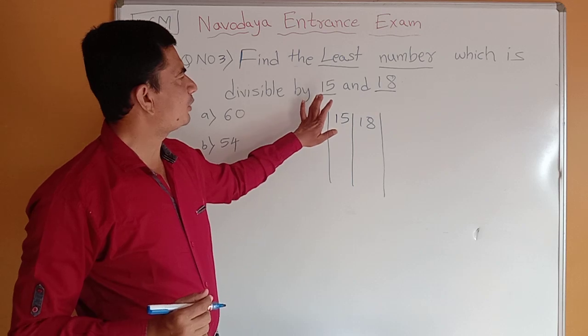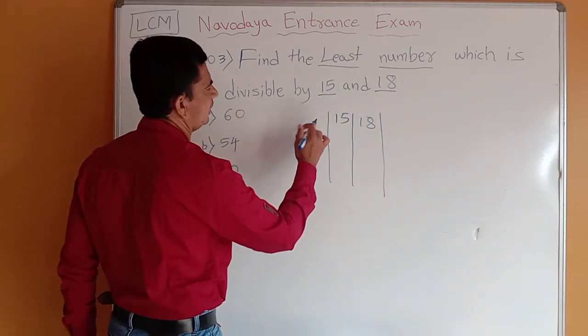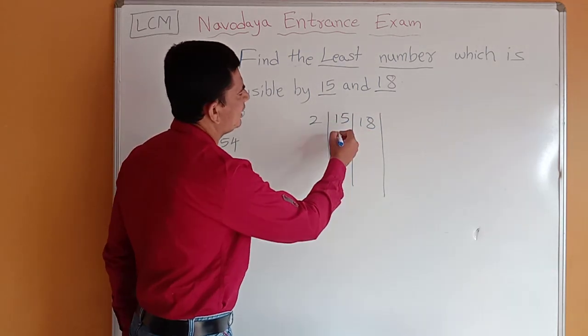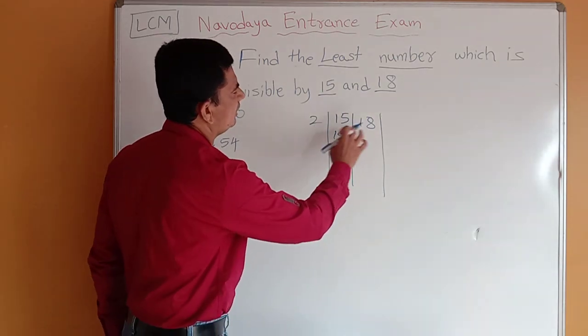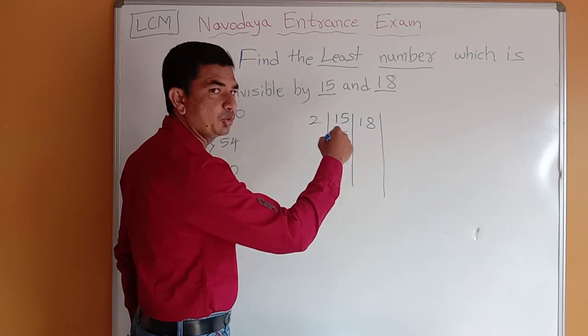Now we have to find the LCM of 15 and 18. So take 2 first, because one even number is there. In the 2 table there is no 15, so 15 as it is. And in the 2 table, is 18 there or not, we have to check. 2 9s are 18.